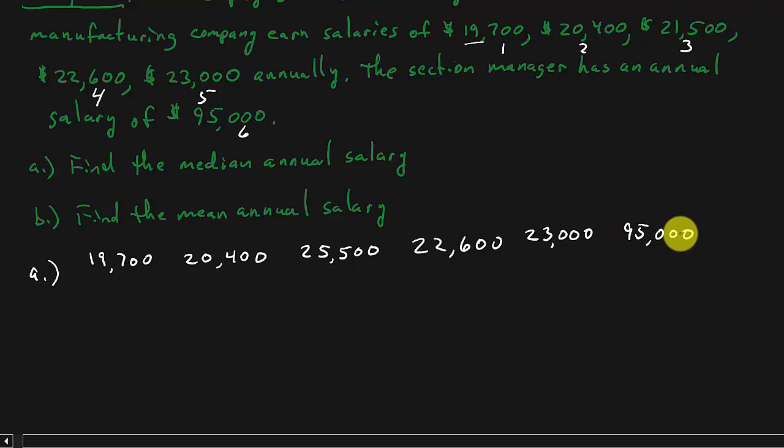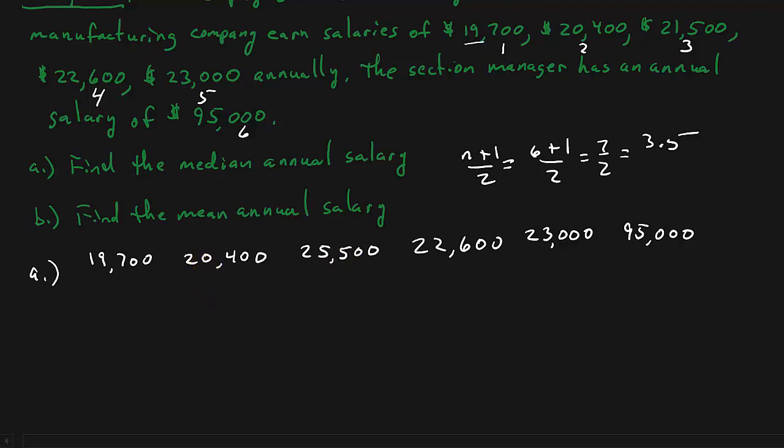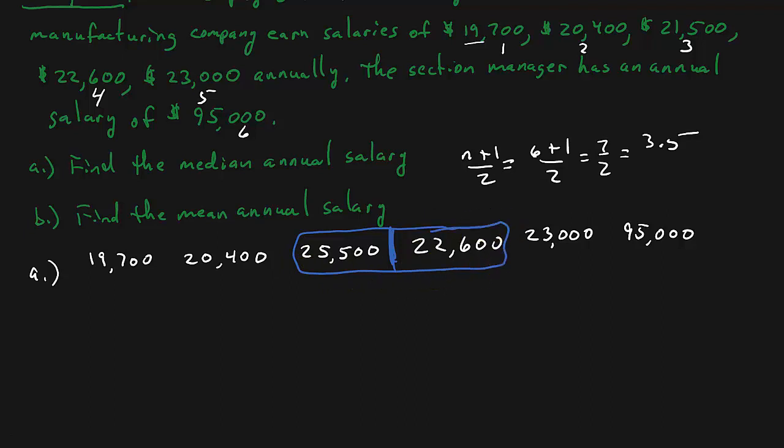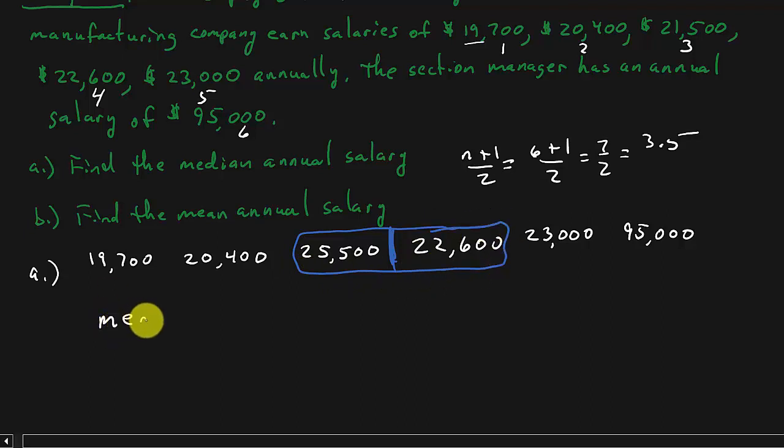Well, I've got 6 values, right? So n plus 1 over 2, that's going to be 6 plus 1 over 2, which is 7 over 2, which equals 3.5. So the median is the average of the middle 2. So the median is equal to the 25,500 plus, oh, wait a minute, what did I do?